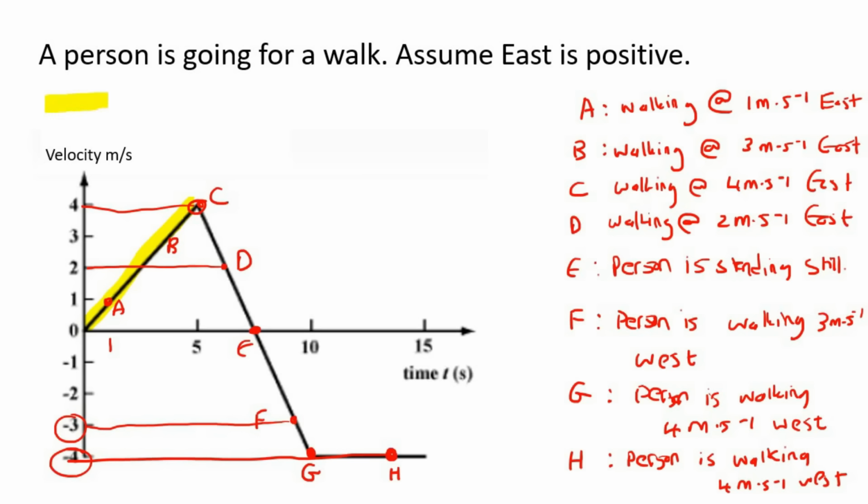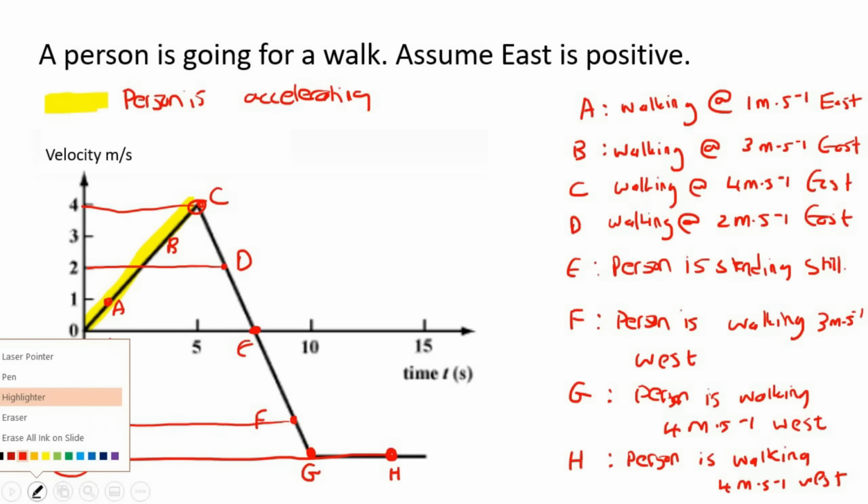So in that yellow part, we can say the person is walking faster. We can say they're accelerating. That's a better word. We can say the person is accelerating because they're getting faster and faster.